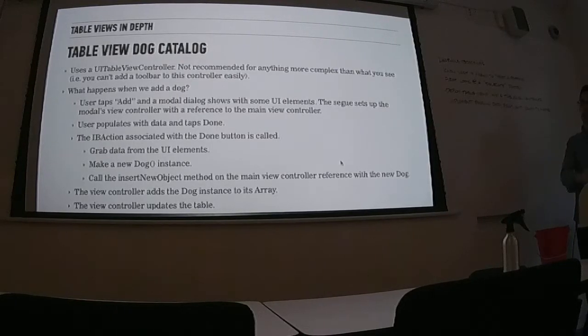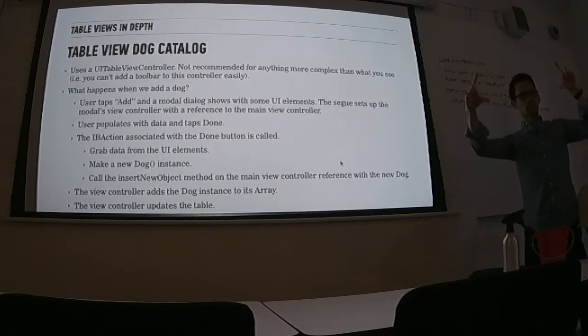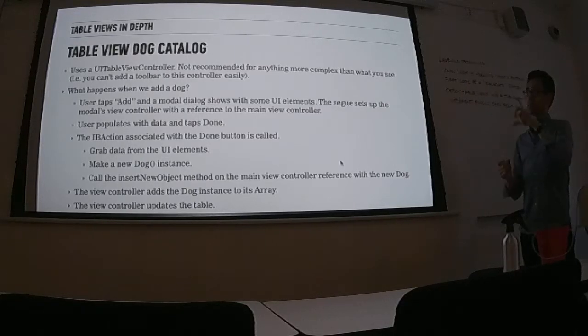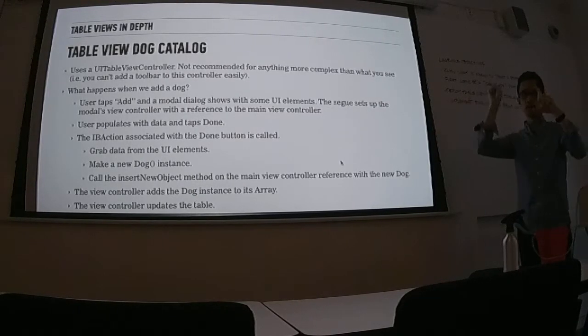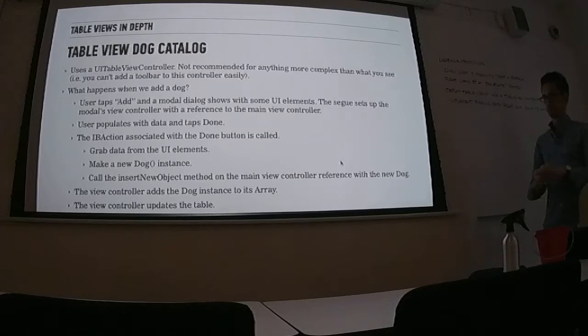The user taps add, and the modal dialog appears with some UI elements in it. Remember, that modal dialog has a particular view controller attached to it that we wrote, what we call the modal view controller. That contains references to two things: an IB outlet to reference the text view, and IB actions that are called when you tap done or tap dismiss.